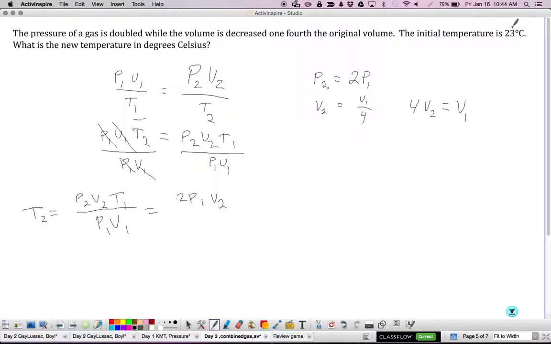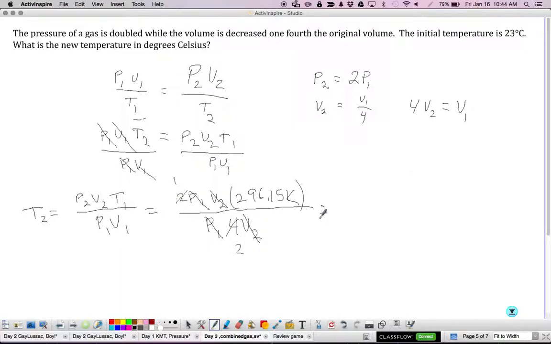And T1, the initial temperature, is 23 degrees Celsius, which in Kelvin is 296.15 Kelvin, divided by P1 times V1, which I'm going to substitute in for 4V2. Okay, now hopefully you see what's coming here. V2 goes away, P1 goes away, and then this 2 over 4 just simplifies to 1 over 2.